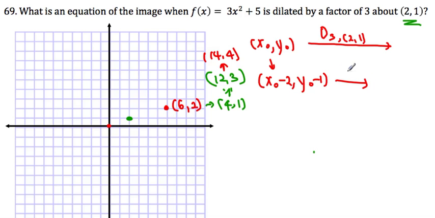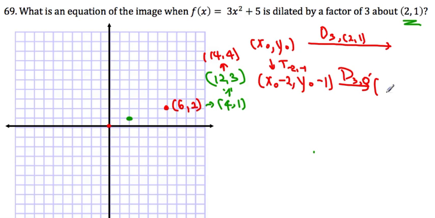Then it will go through the dilation by 3 about the new origin, which is right over here, (2, 1). Let me just write down there was a translation by negative 2, negative 1.